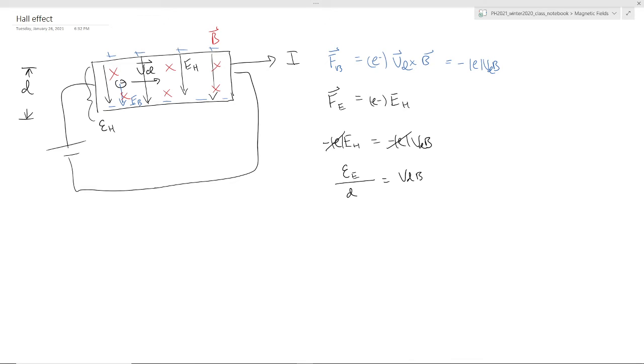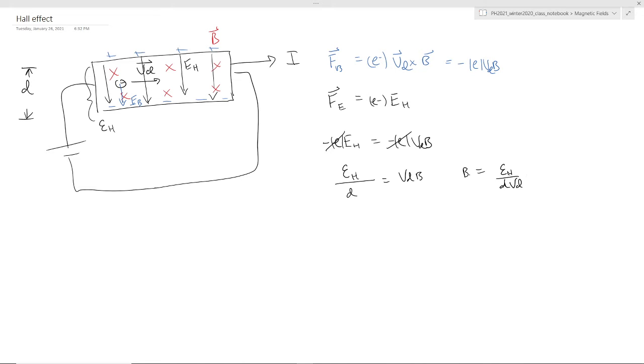And so you could use this for different things. If you know the width of the strip and you know the drift velocity, you could measure the Hall EMF and find B. You could do other things. You could solve for the drift velocity, or whatever you want.